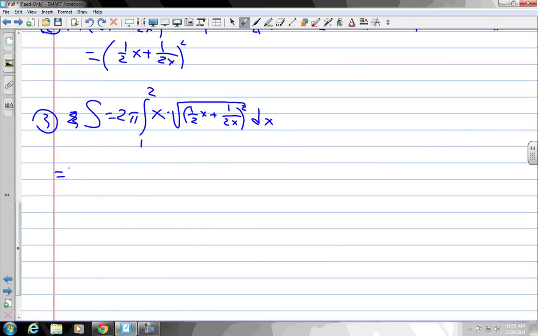So the rest should be okay. From 1 to 2, x times (1/2 x plus 1/2x). Distribute the x. We can pull 1/2 out, so that just makes it pi, right? From 1 to 2, x squared plus 1.